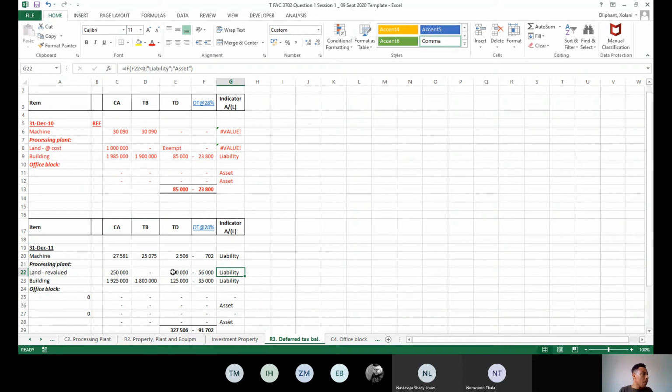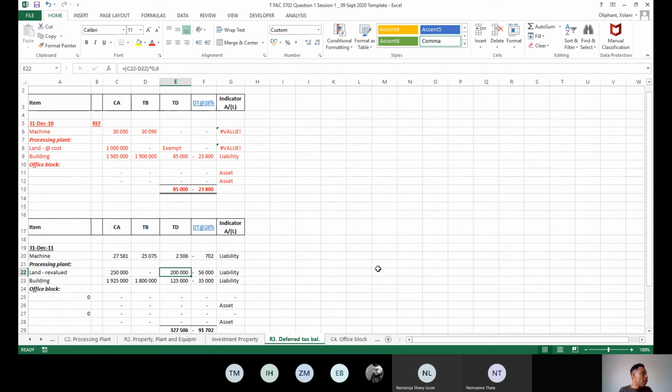Because remember, the value for land is going to be recovered through sale, right? So when you account for deferred tax, we need to reflect the manner in which we're going to recover that value or that amount. So are we going to include the inclusion rate here or not? Okay. So our temporary differences will need to reflect it at an inclusion rate of 80%.